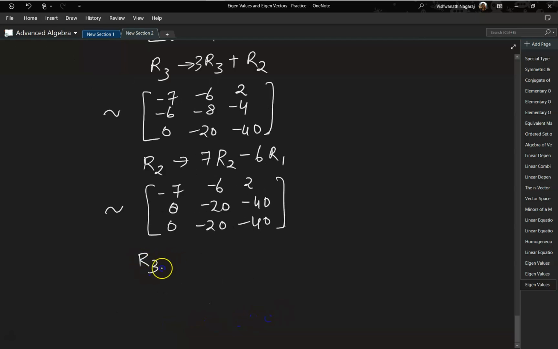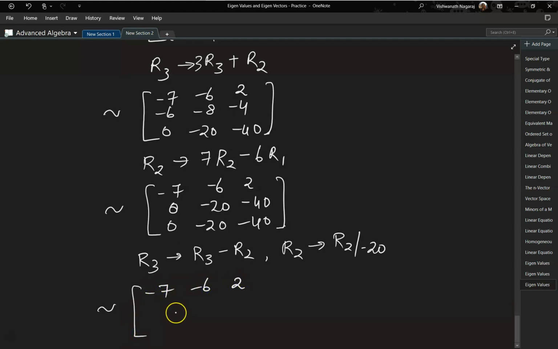Now R3 minus R2, and R2 we can divide by minus 20. So the equivalent matrix would be minus 7, minus 6, 2. First we take care of the third row. So this becomes 0, 0, 0. And then we take care of the second row. So this becomes 0, 1, 2.